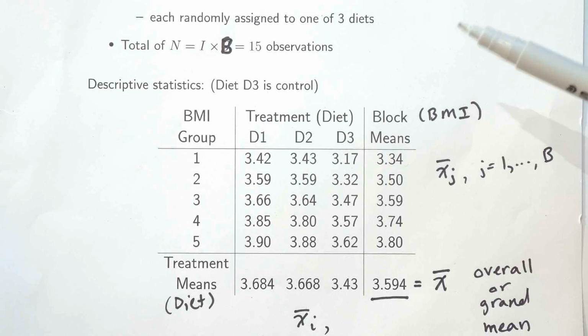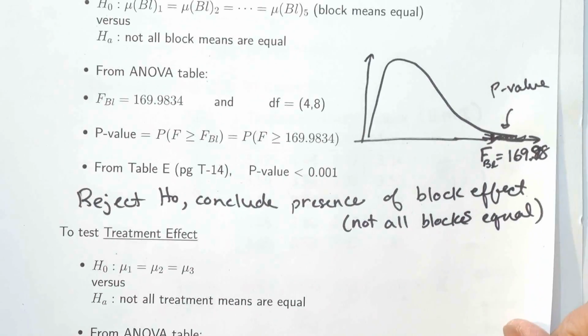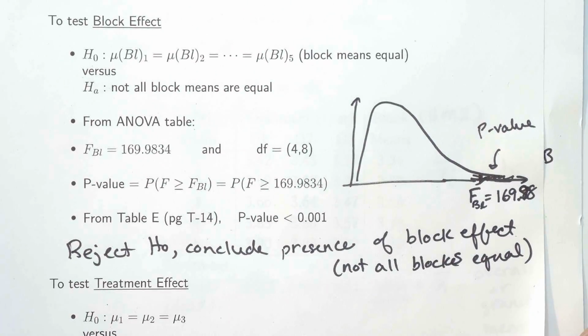And last day we talked about how to compute the ANOVA table and such for this. What we didn't get into was discussing specific contrasts of the different diets. So remember the ANOVA test, if we look back at that, we could test for a block effect.